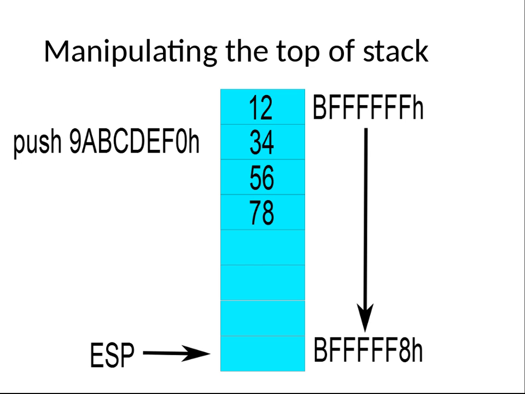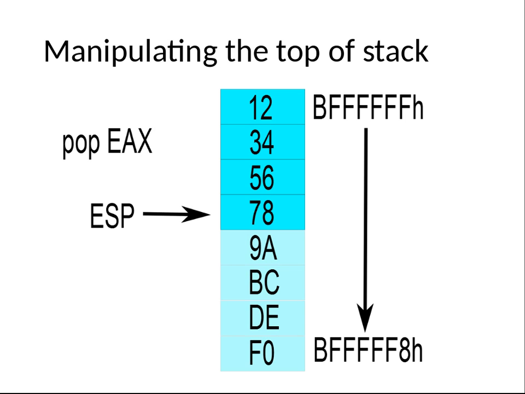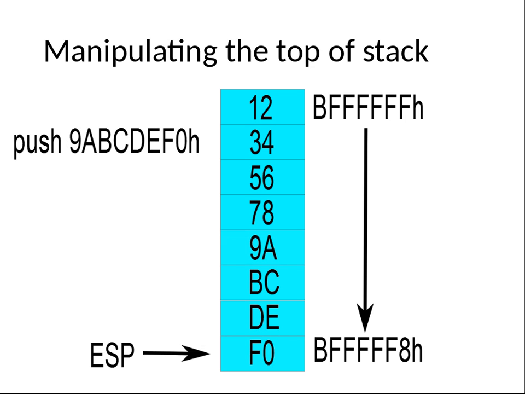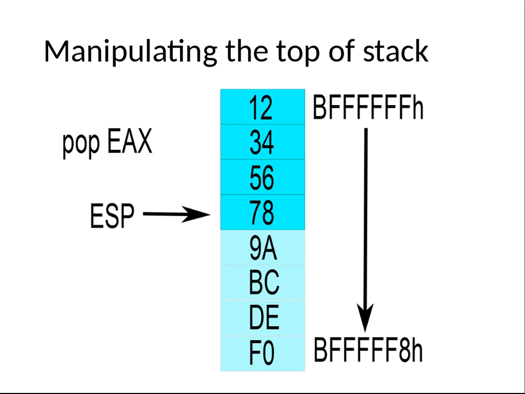That puts these values on the stack. Now when you pop to EAX, that's specifying you want 32 bits, or 4 bytes. It takes those 4 bytes, shoves them back in EAX, and now the pointer's right there. Hey look, it didn't zero it out. It never zeroes it out, just like in C.